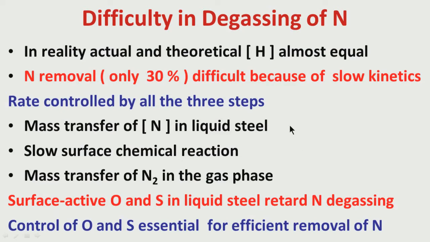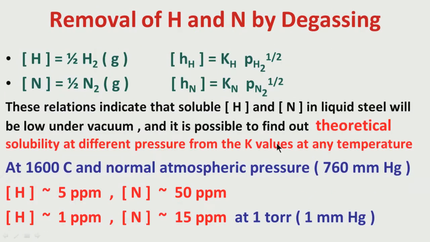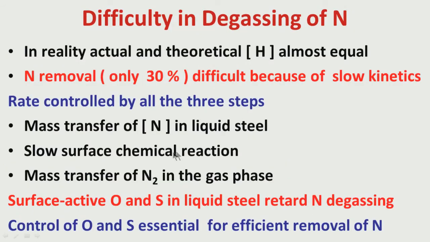This is the first step. Then the surface chemical reaction will happen. That means atomic hydrogen will give rise to gaseous hydrogen, atomic nitrogen will give rise to gaseous nitrogen. So, this reaction is the next step.